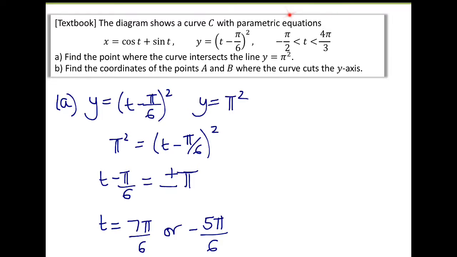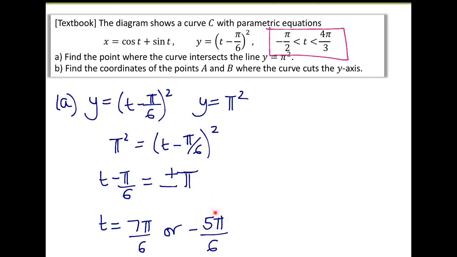Why, you're saying? Well, look at this here. My t values, if I put a little box around them because they're now looking rather important, I can only go from negative pi over 2 here, whereas I've got negative 5 pi over 6. This here is half pi. This is nearly a whole pi.